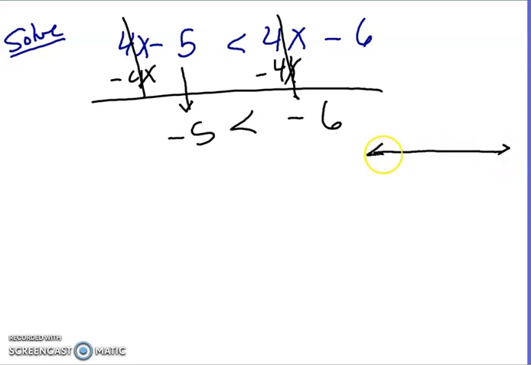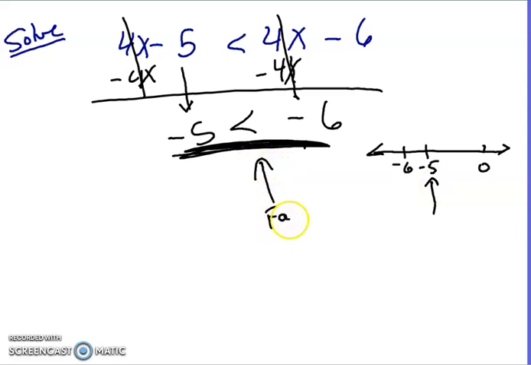Well, remember what I said the other day, if this was 0 and -6 is here, -5, remember the farther to the left it is, the less it is. The farther to the right it is, the greater it is. So this statement right here, -5 is less than -6, that's not true. Because -5 is farther to the right, which means -5 is greater. So this is actually a false statement.